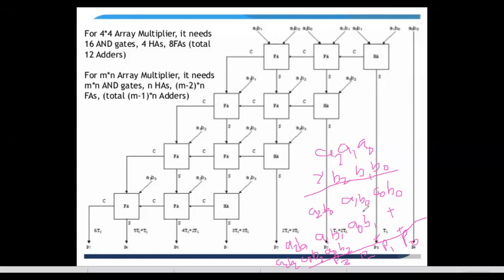We have to add these two things, and for the addition of these two bits, simply by using the half adder it can be designed. The sum is the product 1, and the carry out of this one has to be given to the carry input of the next one.